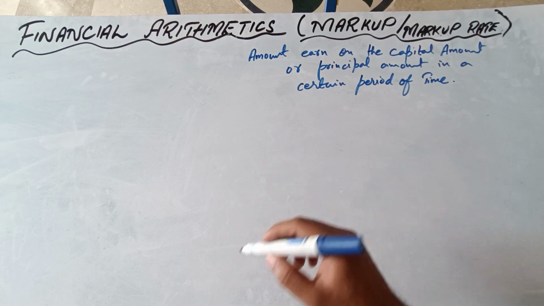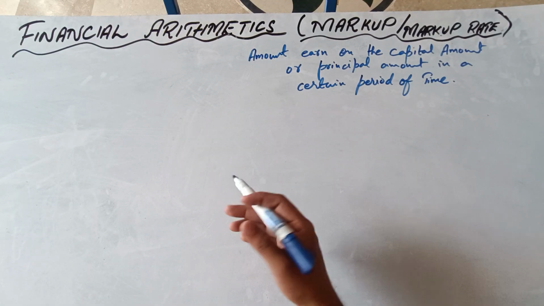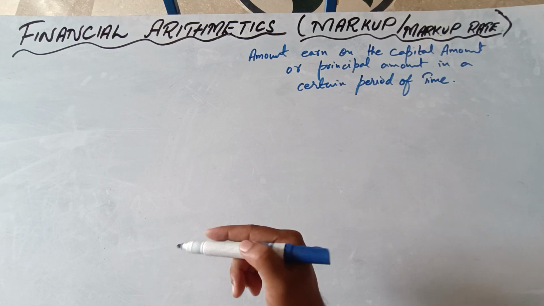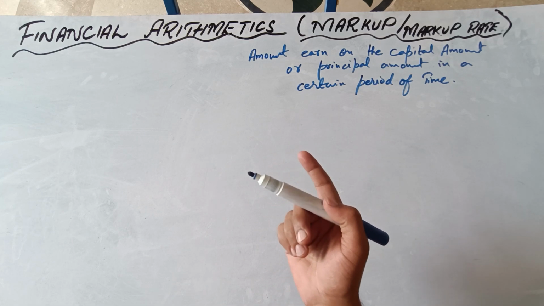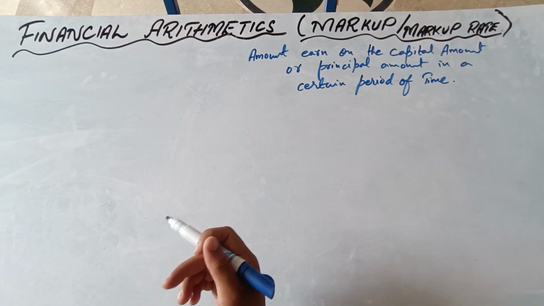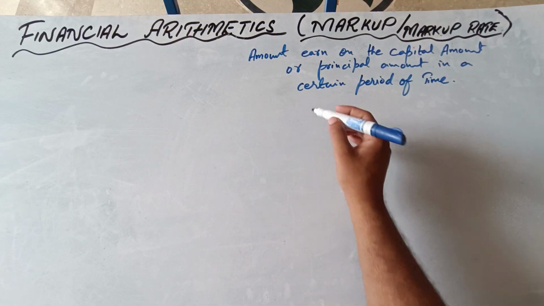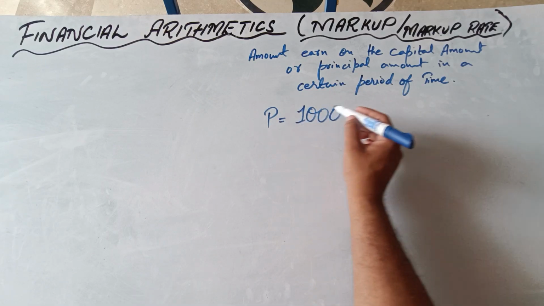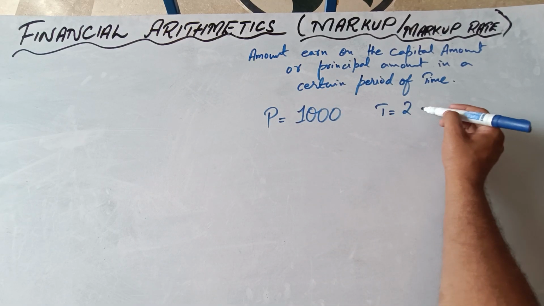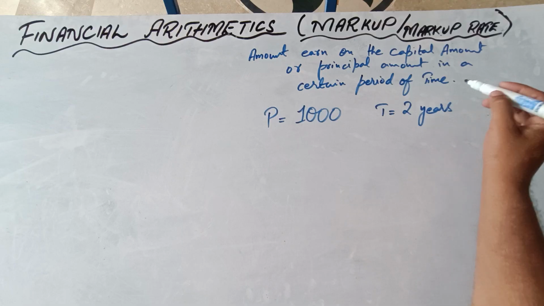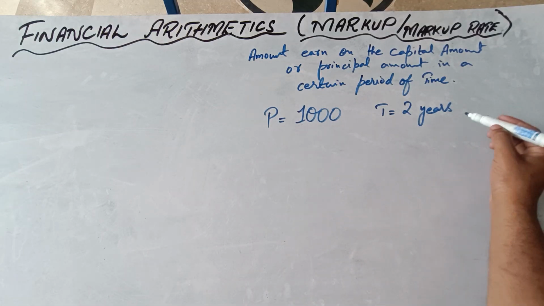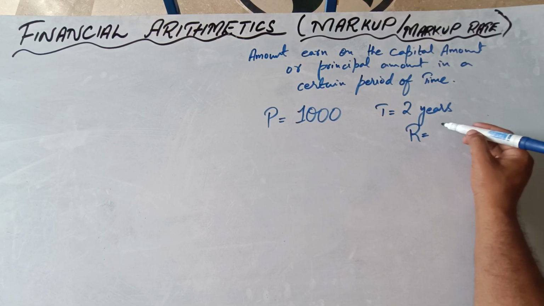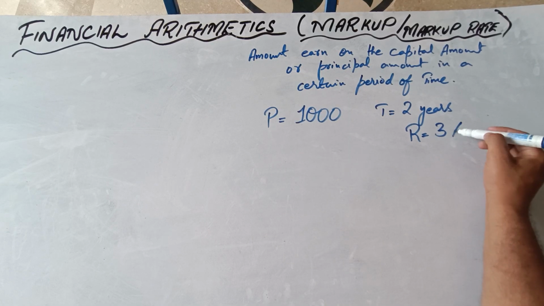For example, if I am depositing 1000 in a bank for 3 years, and after 3 years I am getting 200 more on it, I have deposited 1000, so this would be my principal amount. And time, for example, is 3 years, and at a certain rate, they set the rate, for example 3%.